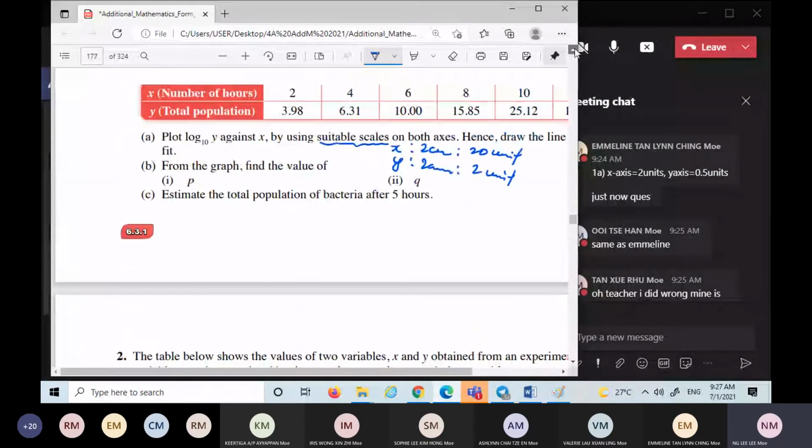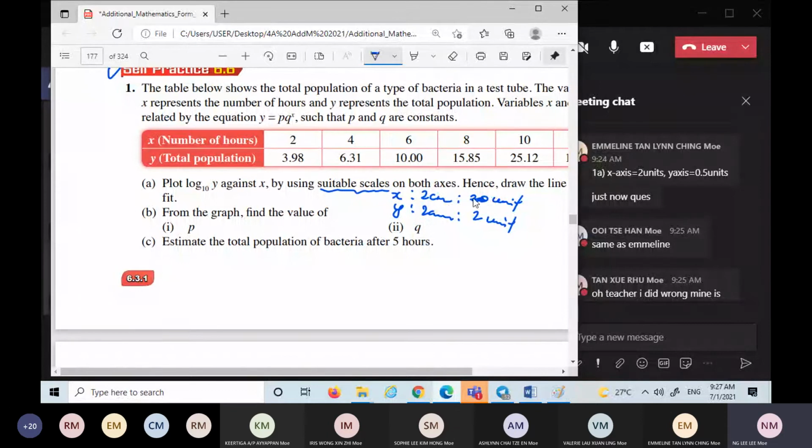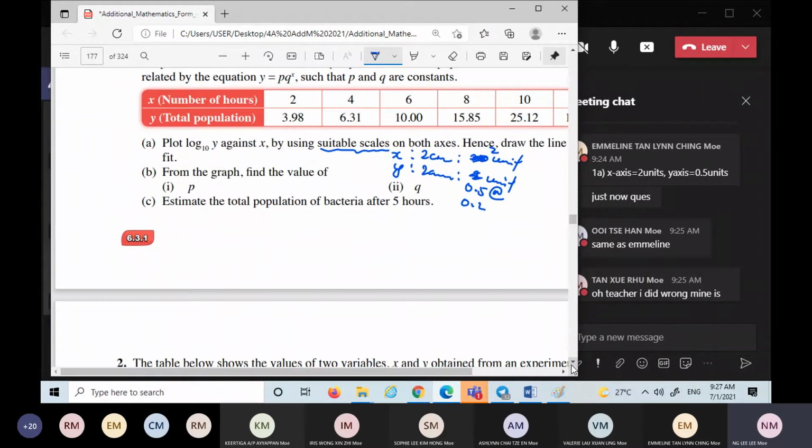Okay, so this one I got to change. This one should be 2, not 20. And then this one should be 0.5, and then some using 0.2. Okay, so I put this.